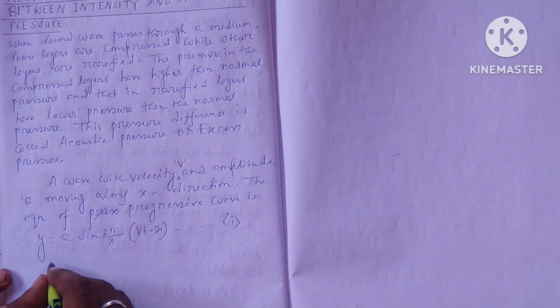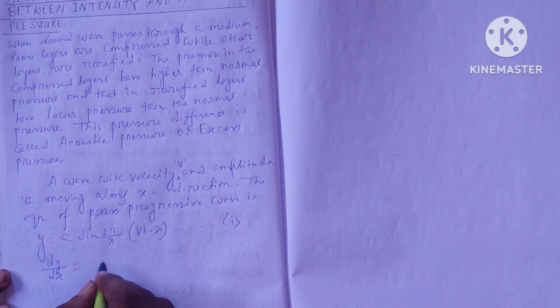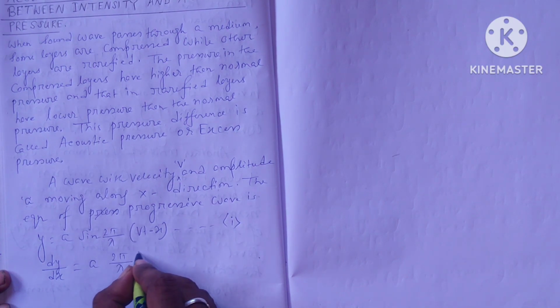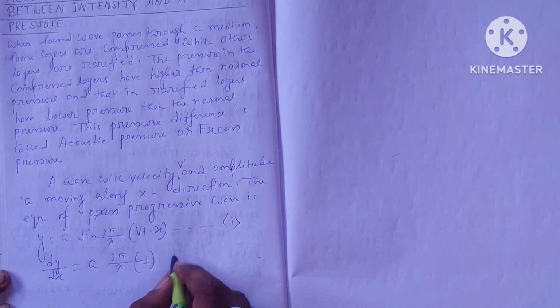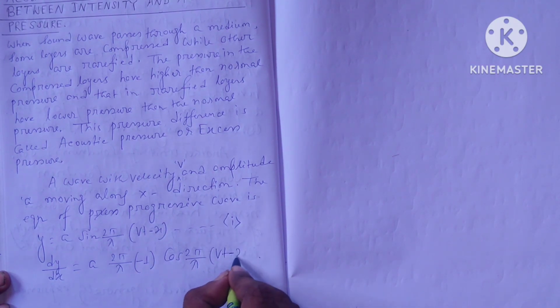Now we have to find dy/dx. This is A times 2 pi by lambda times minus 1, cos 2 pi by lambda (Vt minus x).